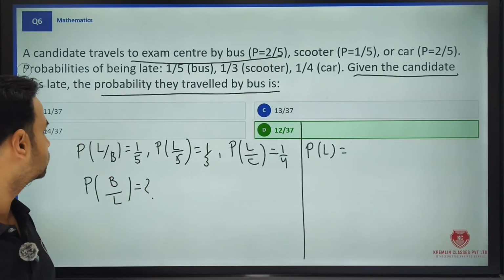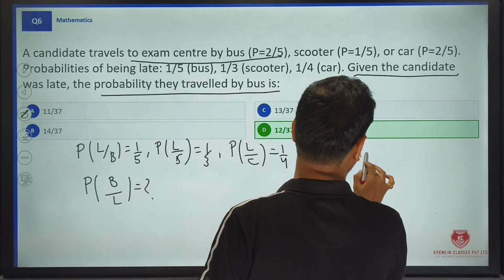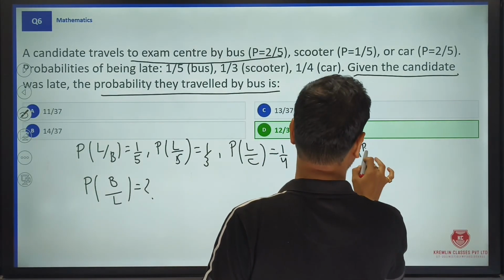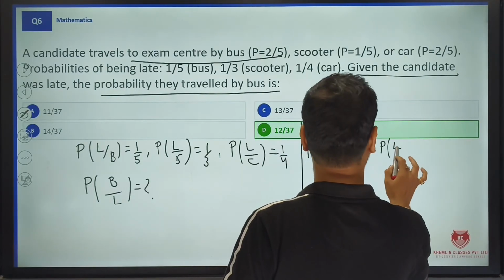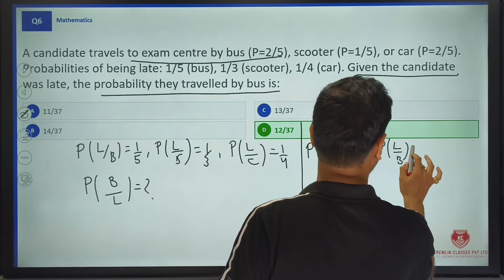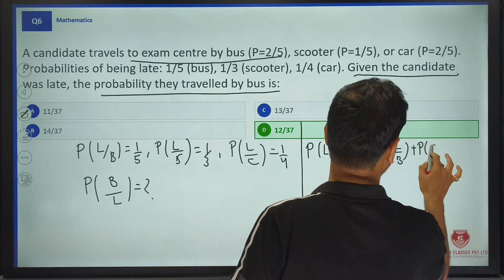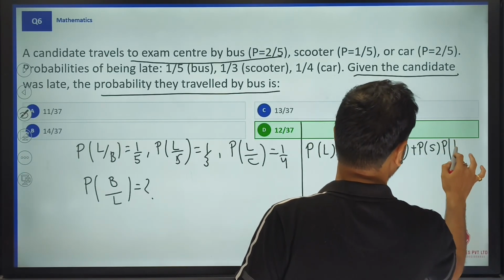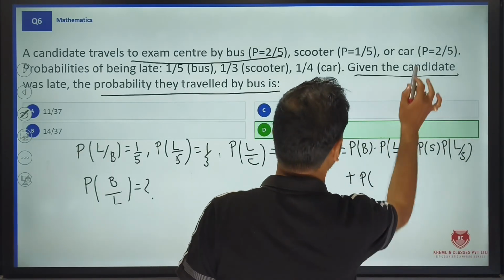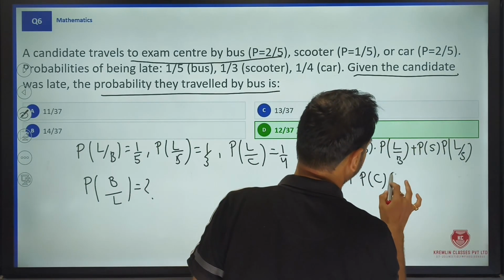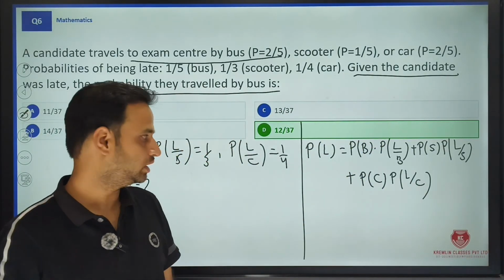So first find out the probability of traveling by bus into probability of late when traveled by bus, and plus probability of scooter, probability of late by scooter, plus probability of car, late traveled by car. So this is the total probability of getting late.